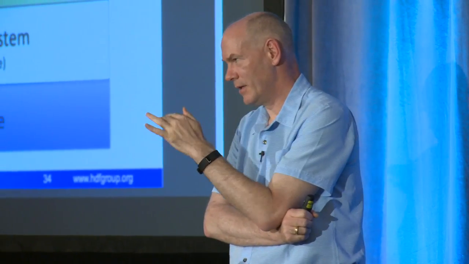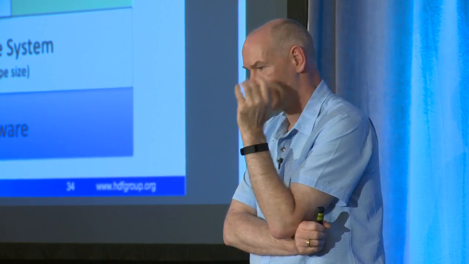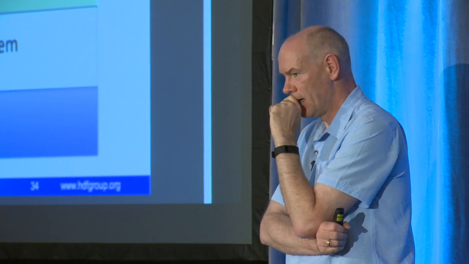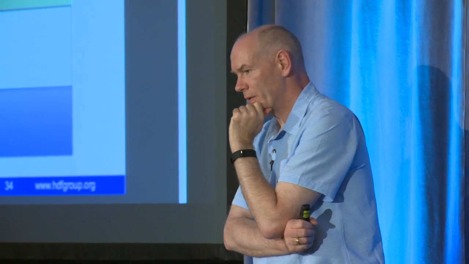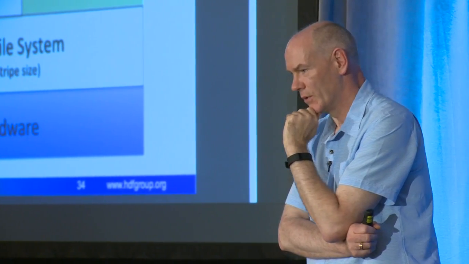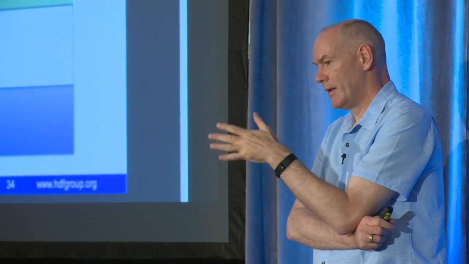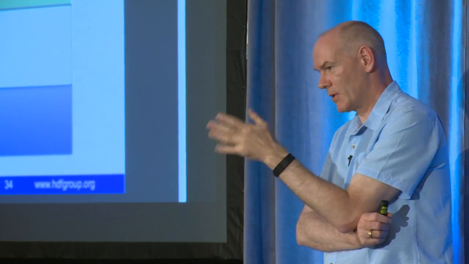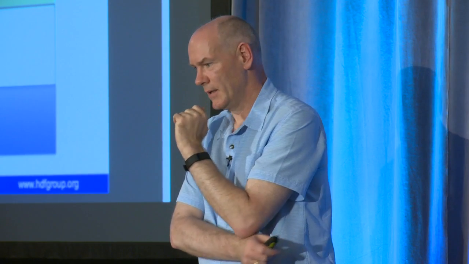There are things that you can try to address at the file system side with things like stripe factors and stripe sizes, at the MPI level with number of collective buffer nodes and the sizes and so forth. And then last but not least, at the HDF level with avoiding things like truncation. We come back to that in a moment. Dealing with alignment, experimenting with collective versus independent and so forth.